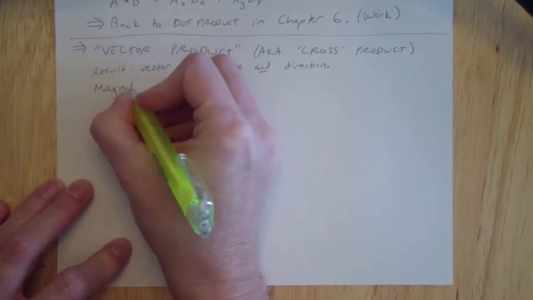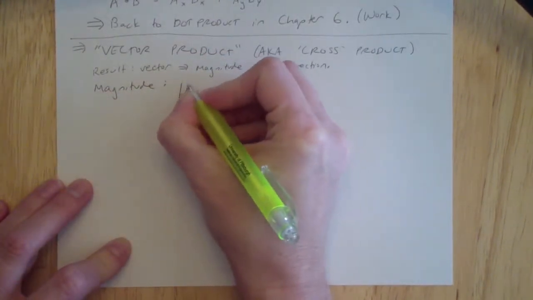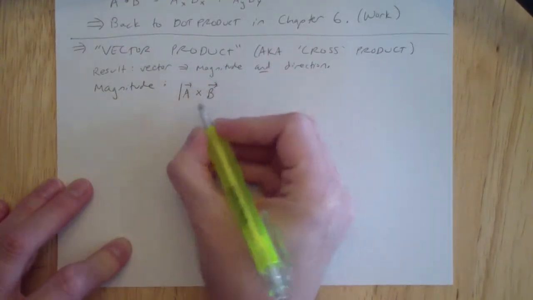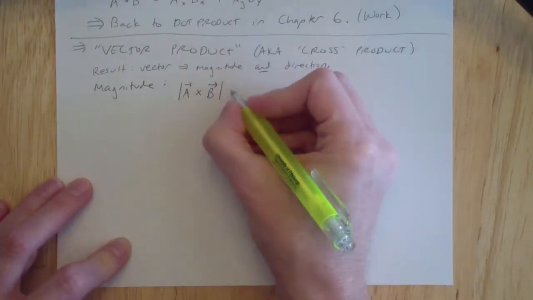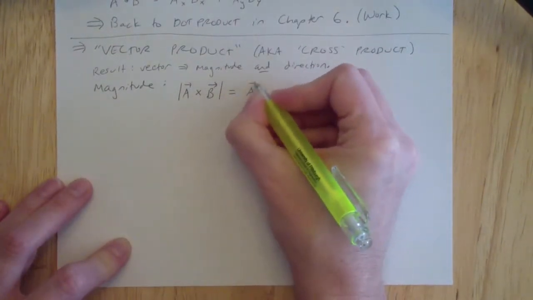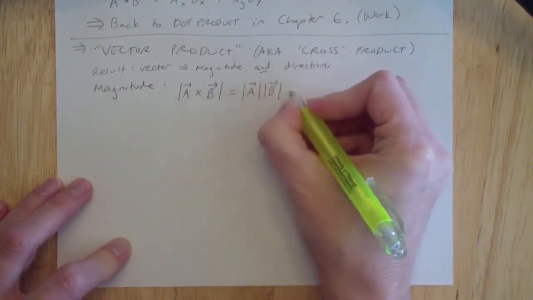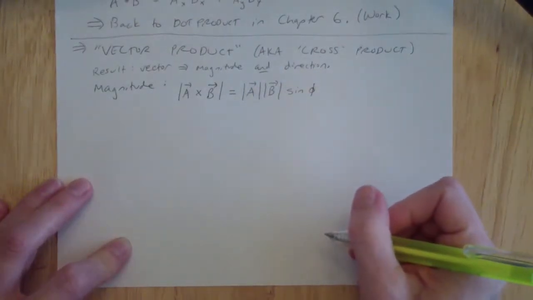So the magnitude of the vector product, which we can write as A cross B, so that's again how it's referred to, A cross B, and then magnitude, those symbols there, is actually going to be equal to the magnitude of A times the magnitude of B times the sine of the angle between them.